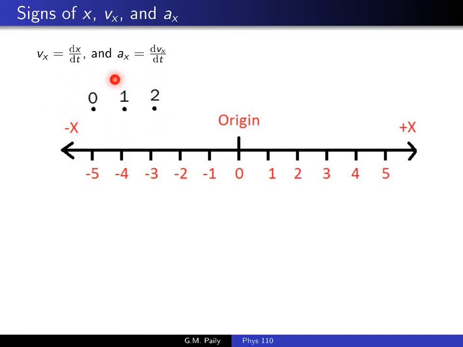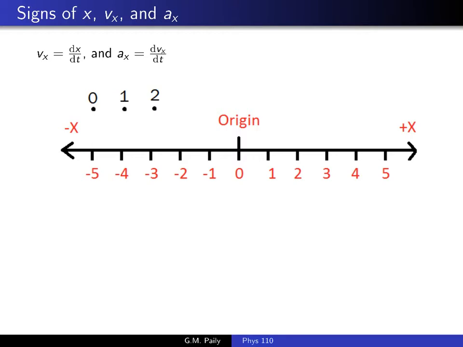Even though the positions are on the negative side, the position is becoming less negative, going from -5 to -4 to -3. That is, the change in position is positive. After all, to get from -5 to -3, you need to add +2. Since the change in position is positive, the velocity x component, vx, is positive. Or the velocity arrow points to the right, which is the direction of the positive x-axis.